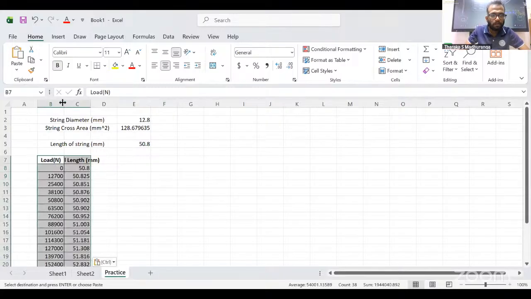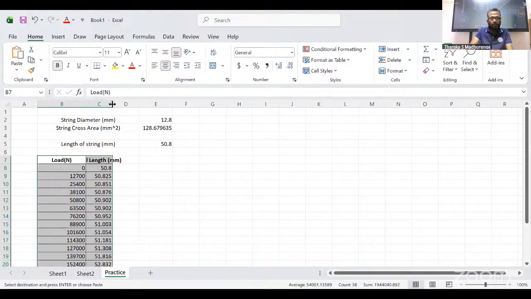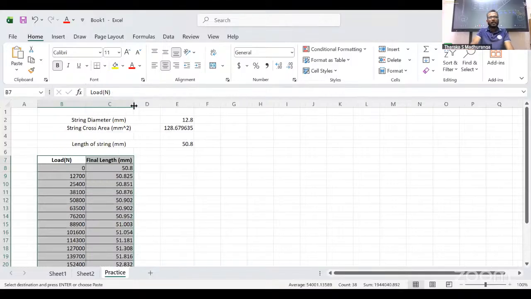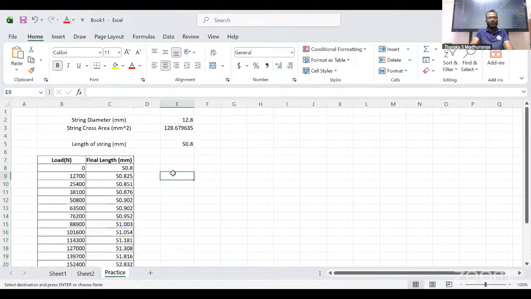If you want to increase the width of these cells, you can put the cursor in the middle of the border between B and C and increase the width like this. Okay, the load, that means the force in Newton, is given, and the final length is given.